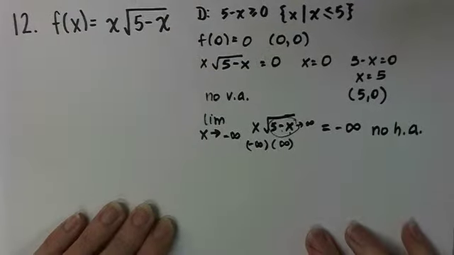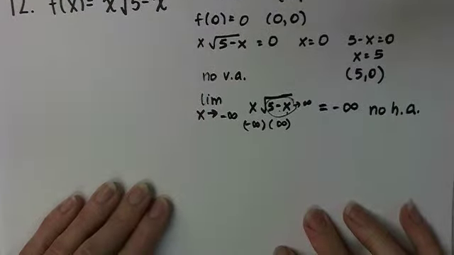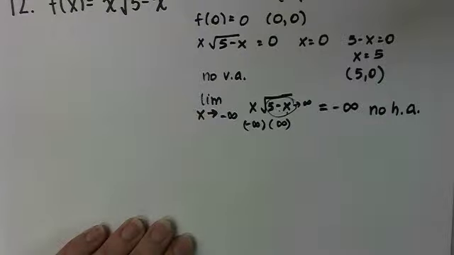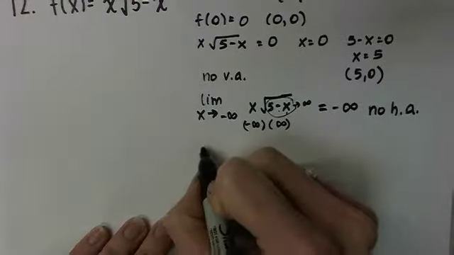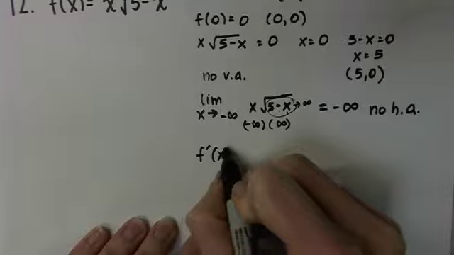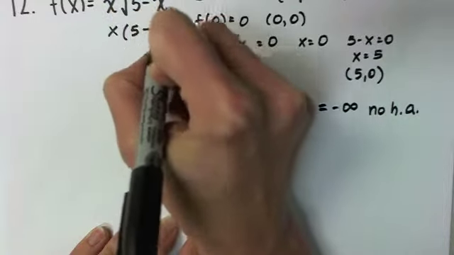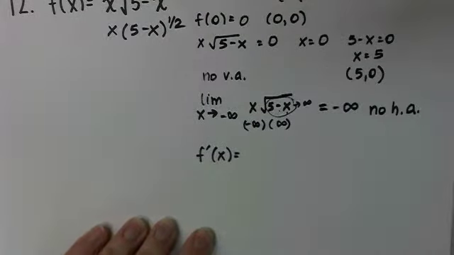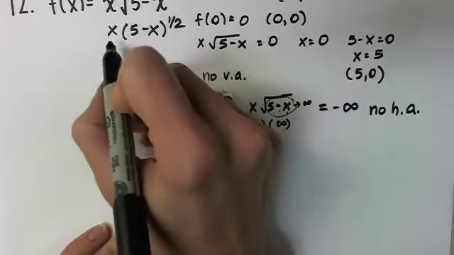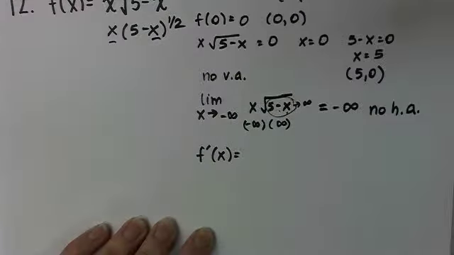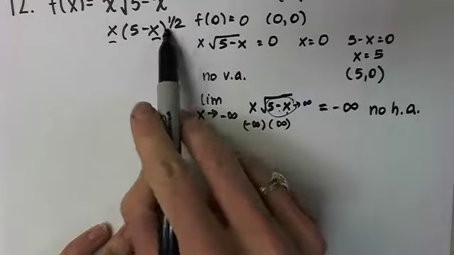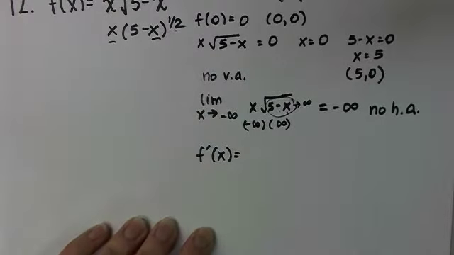We are also going to need to know where we're increasing, decreasing, concave up, and concave down. So we need the first derivative. This is x times (5 minus x) to the 1/2, rewriting that as a power. We've got two x's here held together with multiplication. You cannot distribute the x inside the parentheses because there's an exponent there.